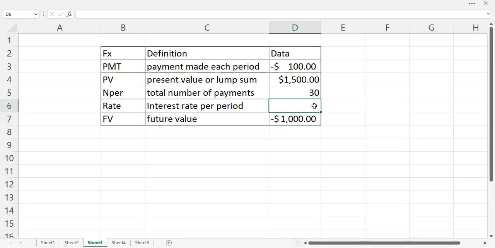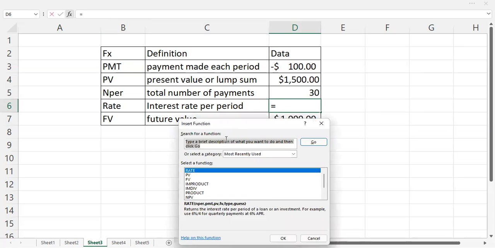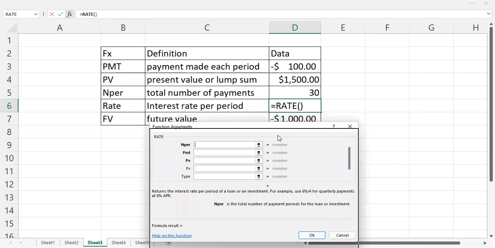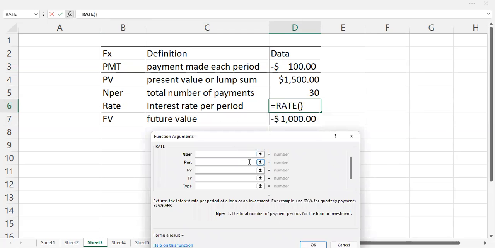So let's calculate for the rate. Looking at your function, find the rate, and you have that here. So use that. I'll enter the number of periods as 30. Your payment is $100.